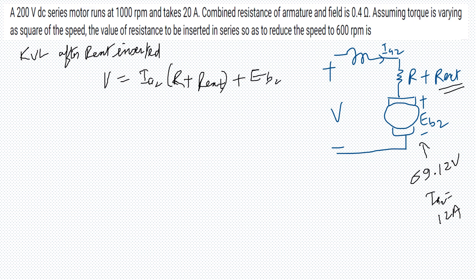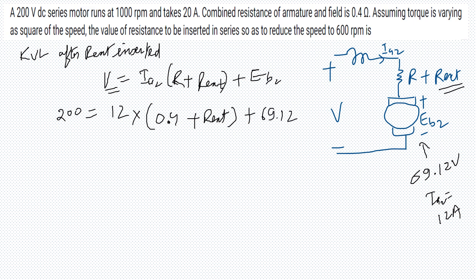That is 200 volts equals 12 amps times 0.4 plus R external, plus 69.12.